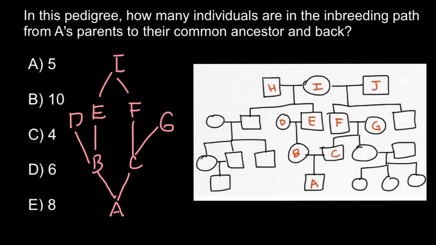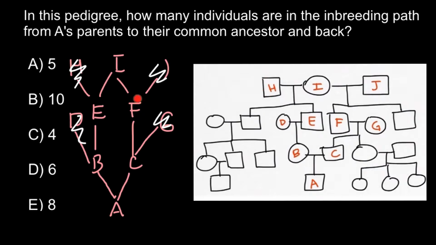Of course, individual E here also has a father, H, and individual F has a father, J. But these people are unrelated to the people on the other branch.